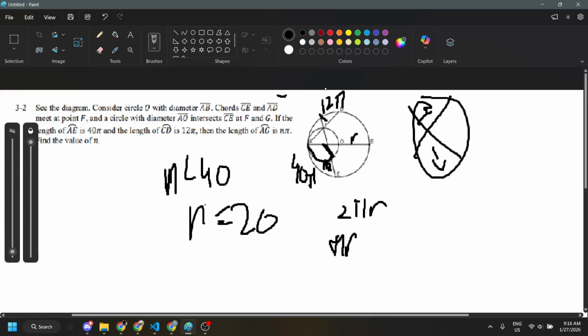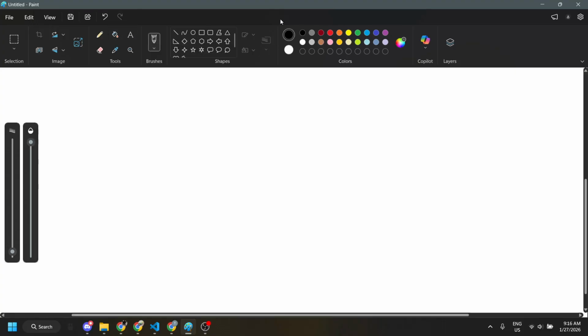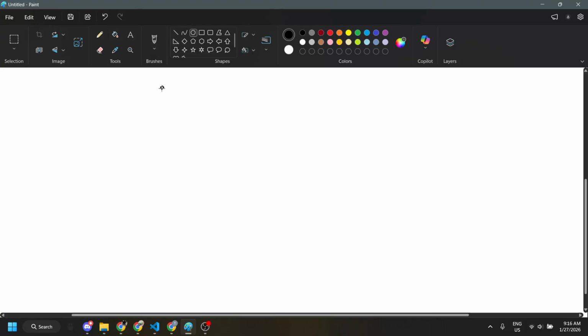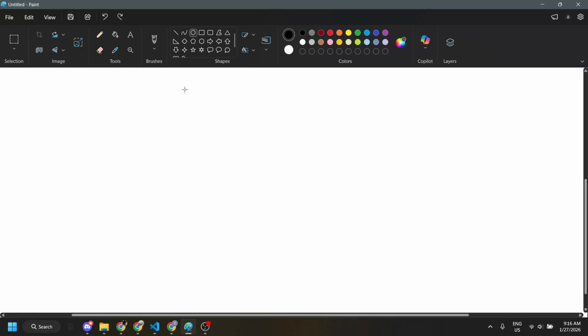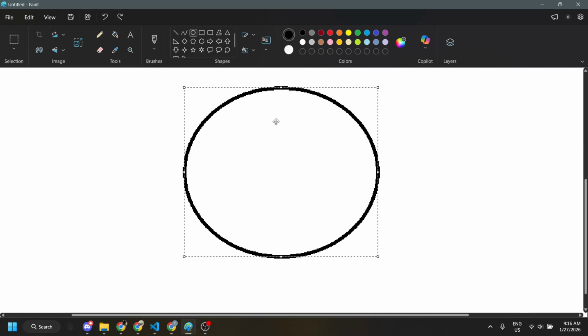Well, you can change it, so it's like this, and then like this. Wait, let me redraw the circle. So we have the largest circle. Then we make this line. Then we have a smaller circle.